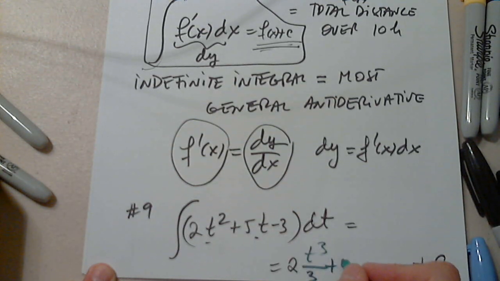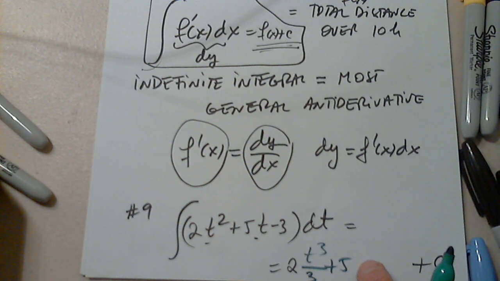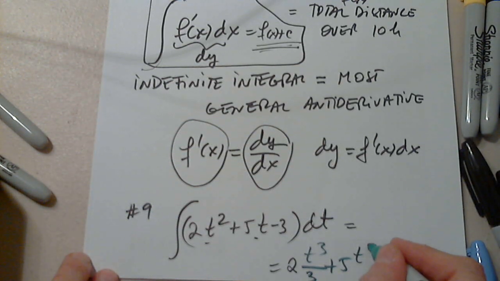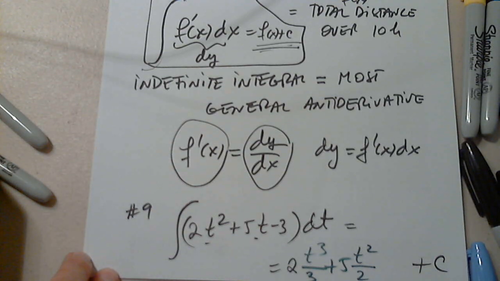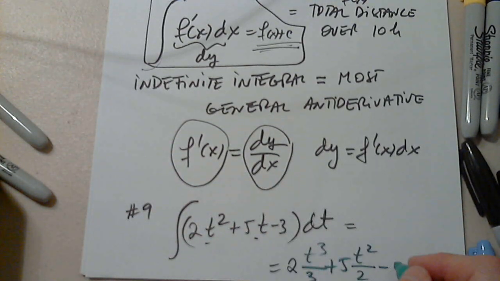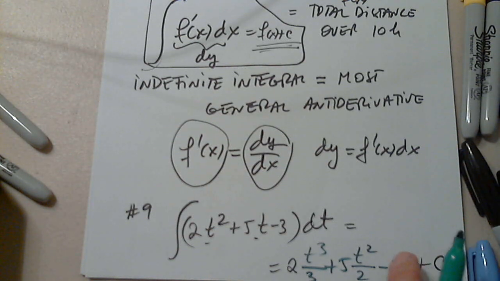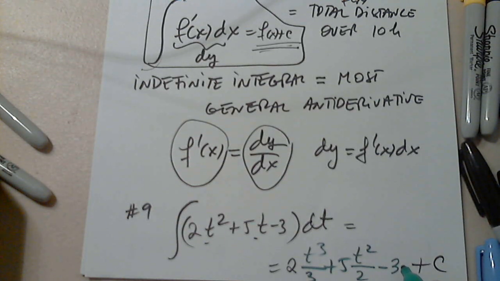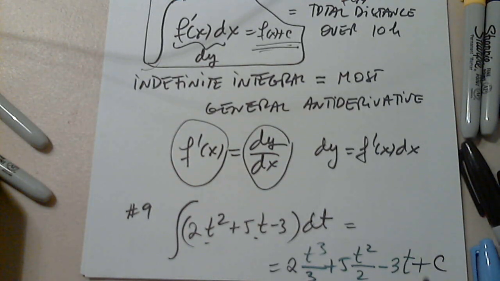That's it, plus. 5 has to stay. I need a function whose derivative is t. Is it t squared over 2? Excellent. Minus, 3 has to stay. I need a function whose derivative is 1. That's it. Done.